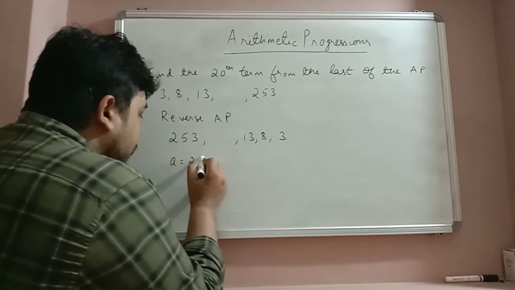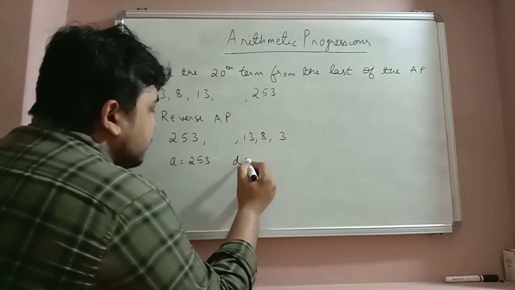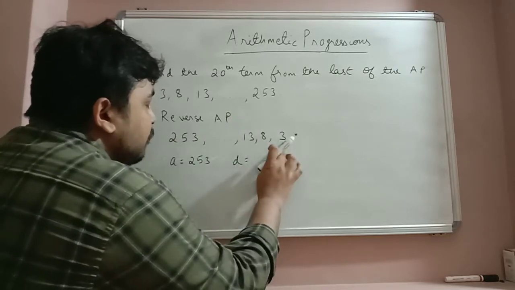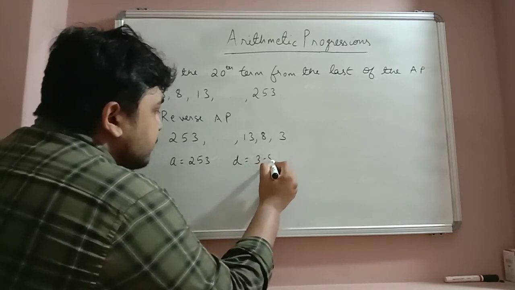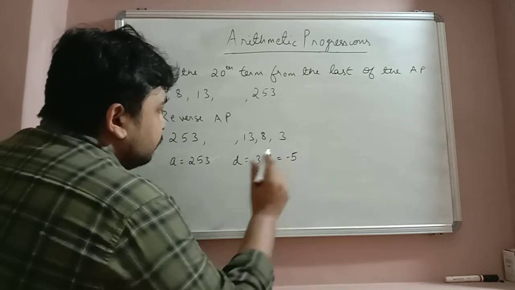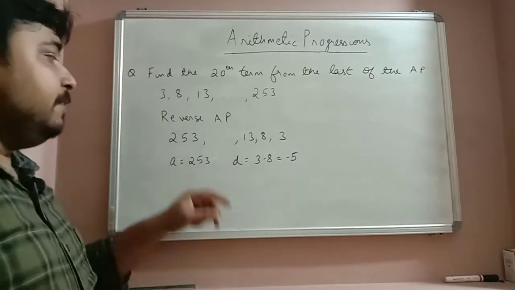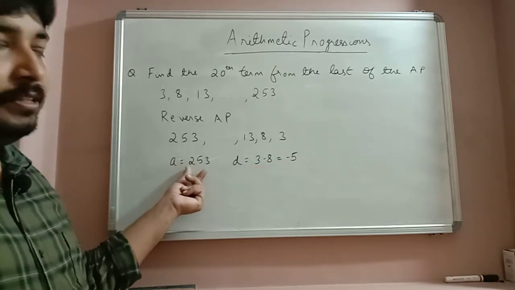So our first term is 253 and our common difference is, you can take any two terms and find the difference, 3 minus 8, that is equal to minus 5. So the common difference is minus 5 and our first term is 253.